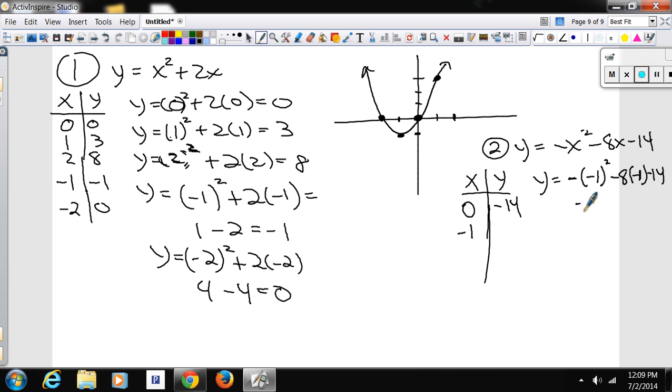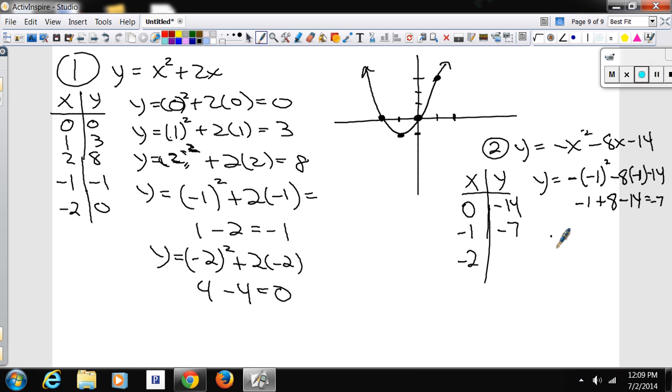You're going to get negative 1. You're going to get a plus 8 because negative times negative is positive 8. And you're going to get a negative 14. So this is actually going to give you a negative 7. Negative 15 plus 8 would be negative 7. Could we graph that point on our graph? No. So we're going to need to go to negative 2.